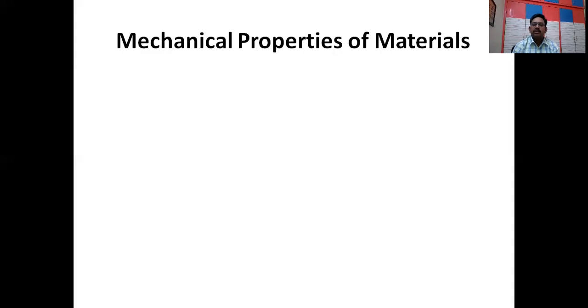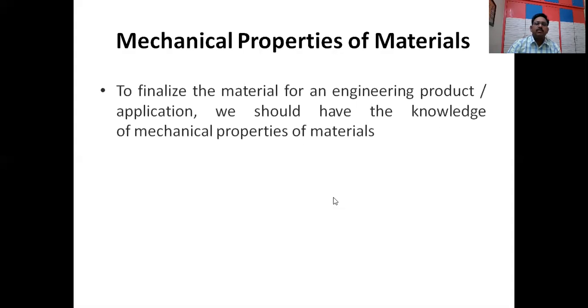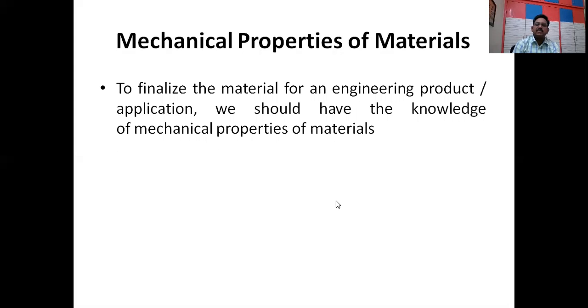And what are the various mechanical properties that we have? We know that different types of properties are there: physical properties, chemical properties, and mechanical properties. To finalize the material for an engineering product or application, we should have knowledge of mechanical properties.